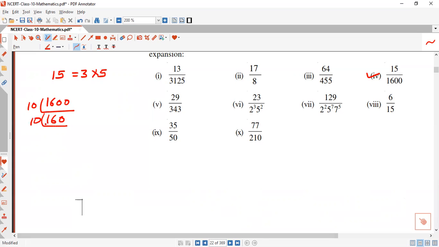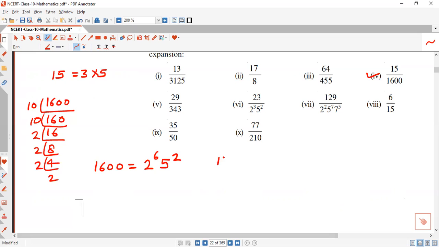Again dividing by 10, we get 16, and 16 gives 8, 4, 2, 2. So basically 1600 can be written as 6 number of 2s and 2 number of 5s.